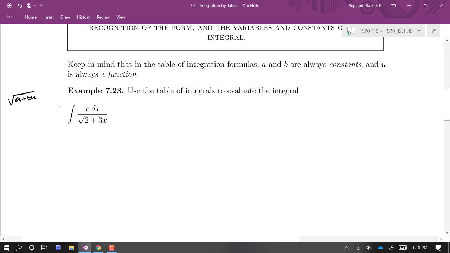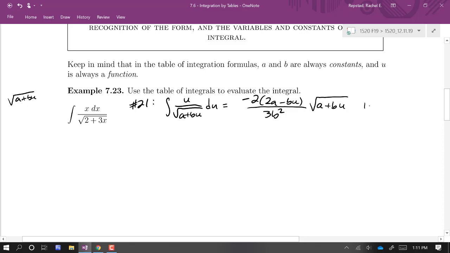If it were 21, this one looks like minus 2a minus bu over 3b squared times the square root of a plus bu plus c. If it fits this form, what does u have to be?